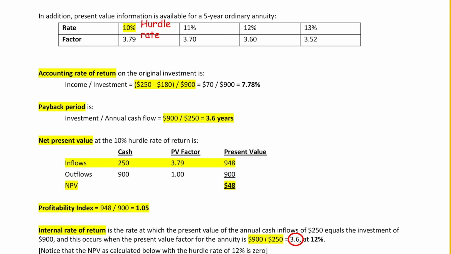So we can see at 12%, the present value factor on the ordinary annuity table is 3.6. So circle 3.6 on the present value of ordinary annuity table and draw an arrow. Highlight 12%, write IRR. So the 12% rate, that's the internal rate of return for this project.